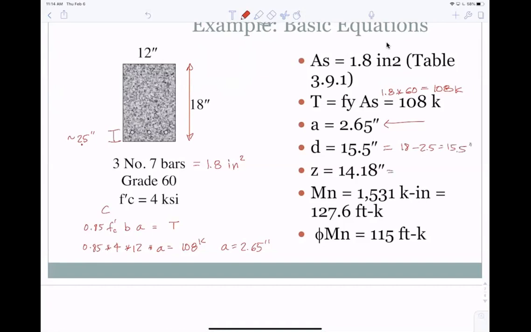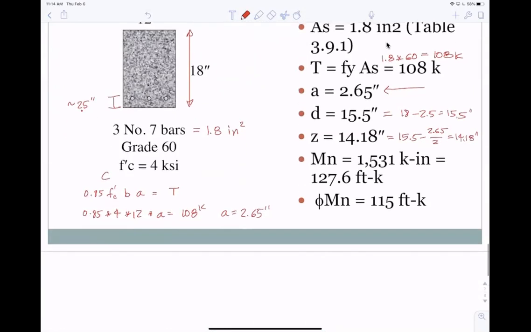Okay, so z is d minus a over 2. That equals 14.18 inches. And finally, Mn is T times z. We already got T up here. So 108 times 14.18, that equals 1531 inch-kips.